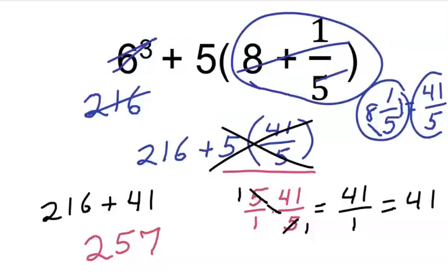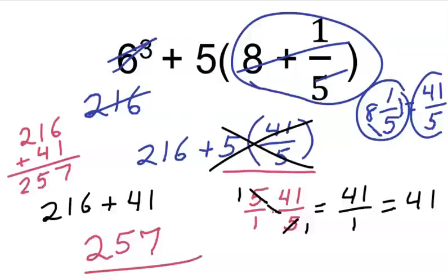If you wanted to, you can put 216 plus 41 and work it out. So that'd be 7, 5, 2. So you can see that it is 257. 257 is our answer when doing the order of operations with this particular set of numbers, fractions, and so on. So there we go. 257 is our answer.